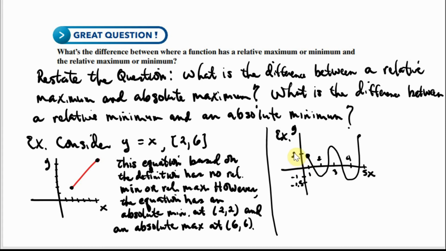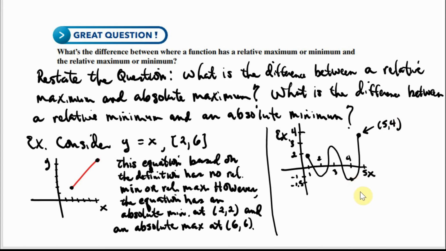So there's 2, 3, 4. There's that point there, and I'm putting a closed dot. This point here is going to be 5, 4.